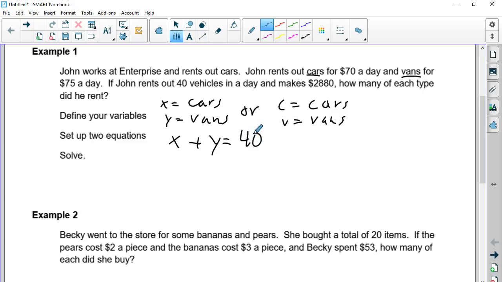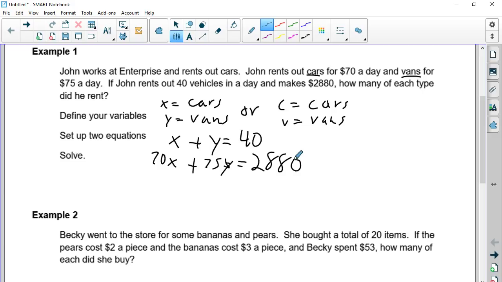Well, the value is $70 for each car and $75 for each van. Whoops, that's supposed to be a Y there. And then the total value, the money made, is $2,880. Okay? So that's the basic setup. It's very simple, in the same format every time. You have your number line and your value line. And if you follow this format, these are very easy to set up.